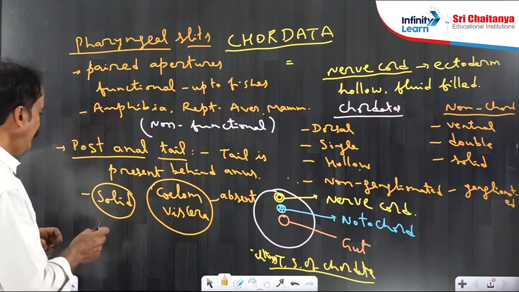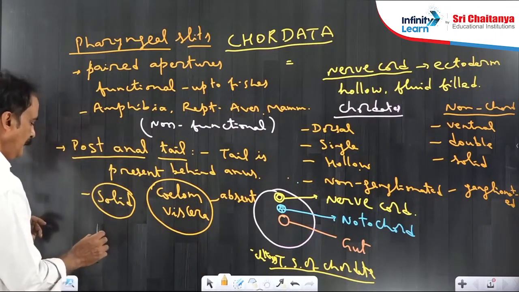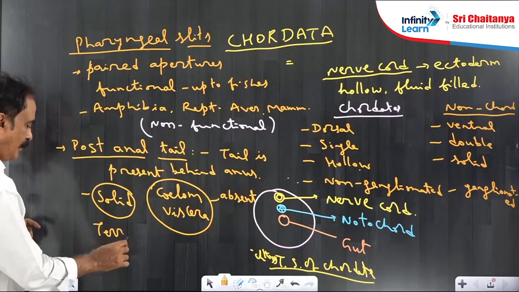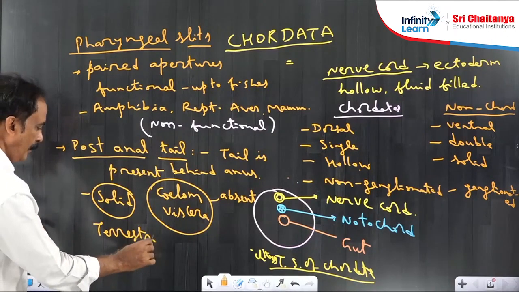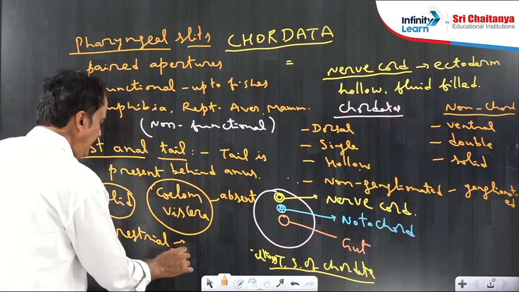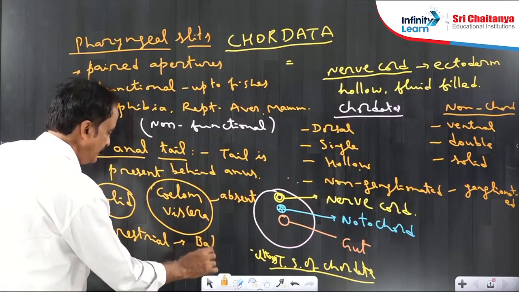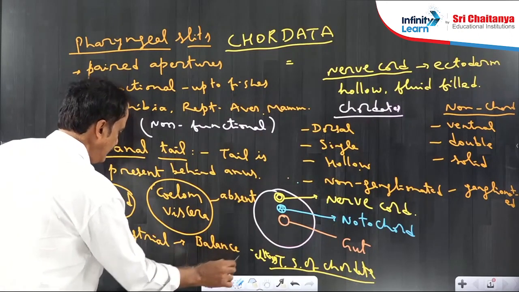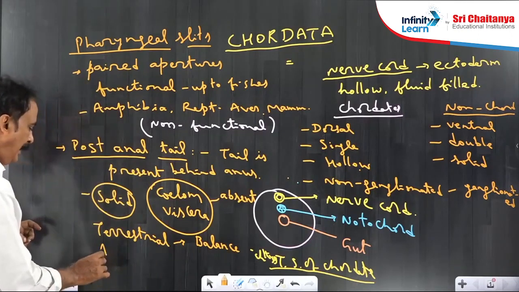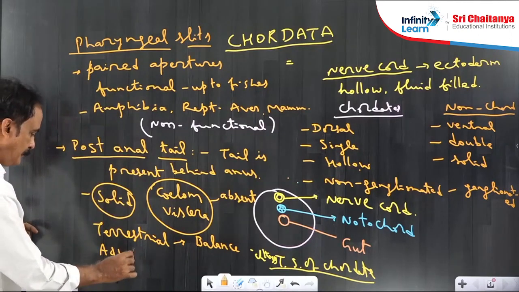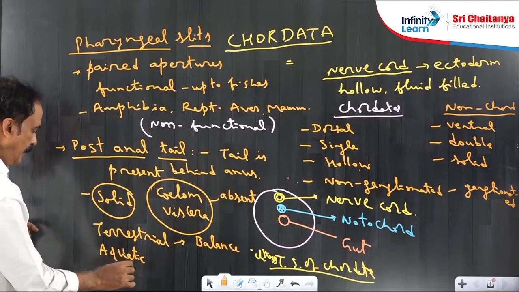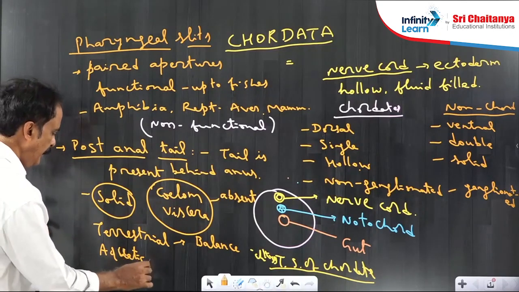This is the structure in case of terrestrial animals, the tail will be helping in balancing. In case of aquatic animals, the tail will be helping in swimming.